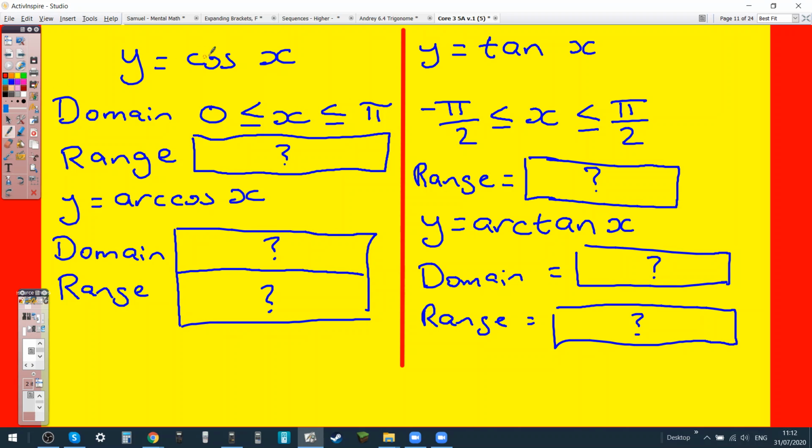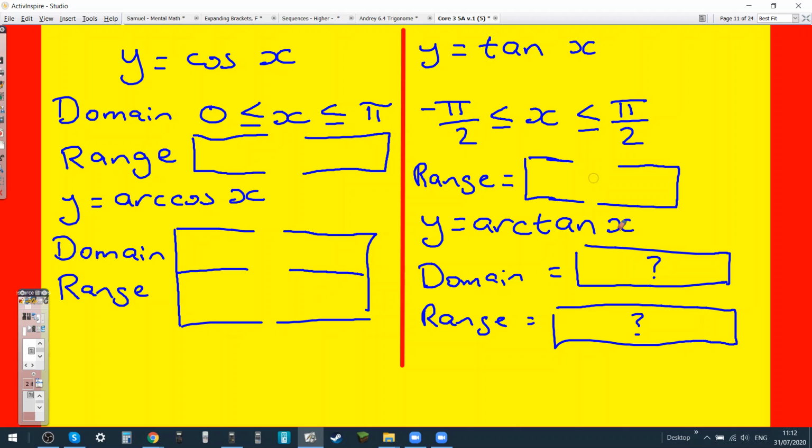Okay. Y equals cos x. It's the same idea, and y equals tan x. For them to be a function, the convention is you restrict their x between 0 and pi for cos, and then the same for tan x as sin x. What is the range for cos? The range for cos, would that be minus 1 is smaller or equals to y is smaller than equals to 1?